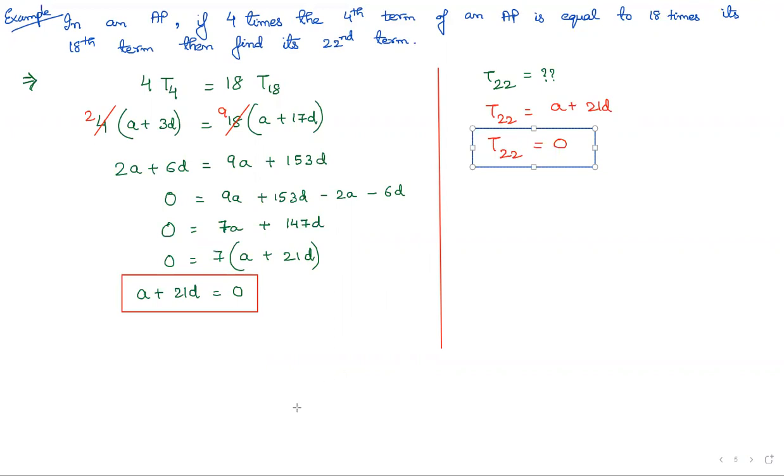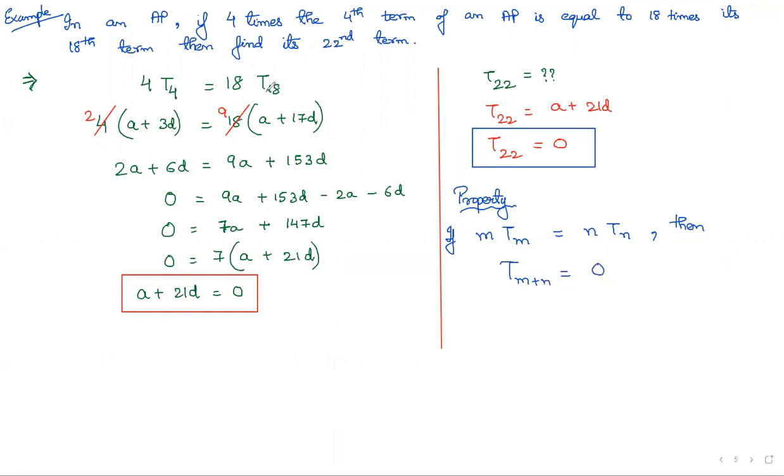Now, this is purely based on a property. The property of the AP which we are concluding from here is: if M times Tm is equal to N times Tn, then T of m plus n is always equal to 0.